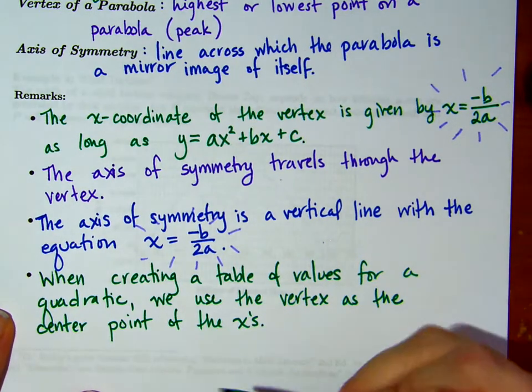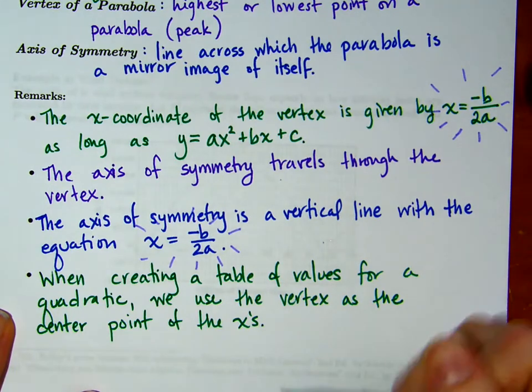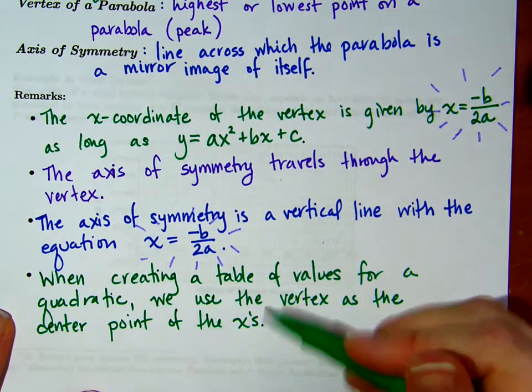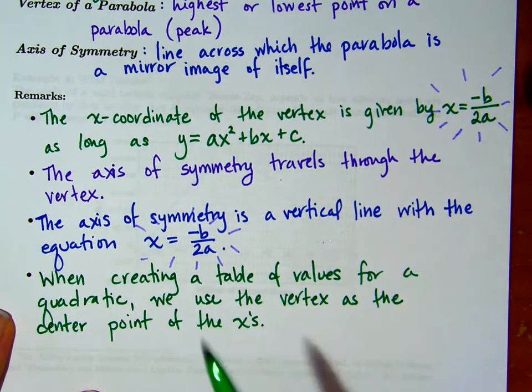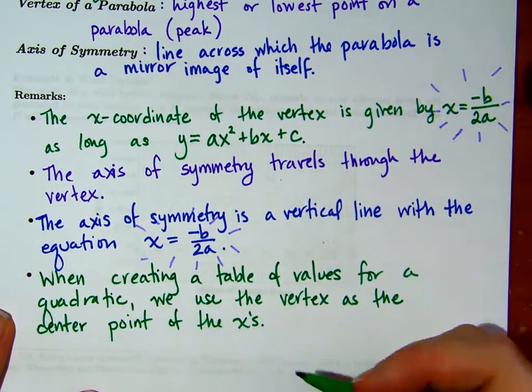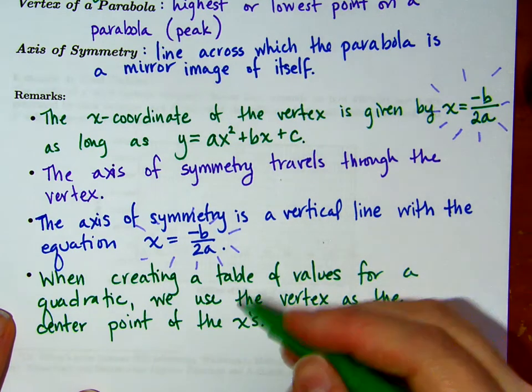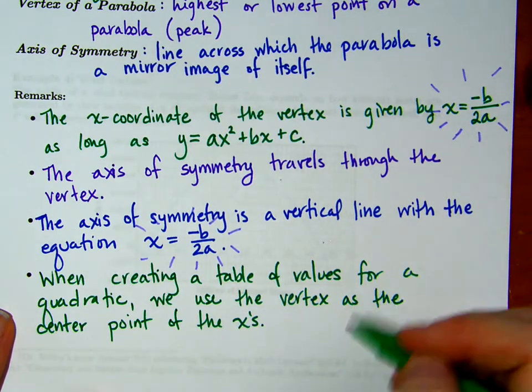This just allows us to get values of x and y on either side of that center point, or that focal point, or it's not even that, it's called the vertex. So then we choose x values that are equally spaced around it.